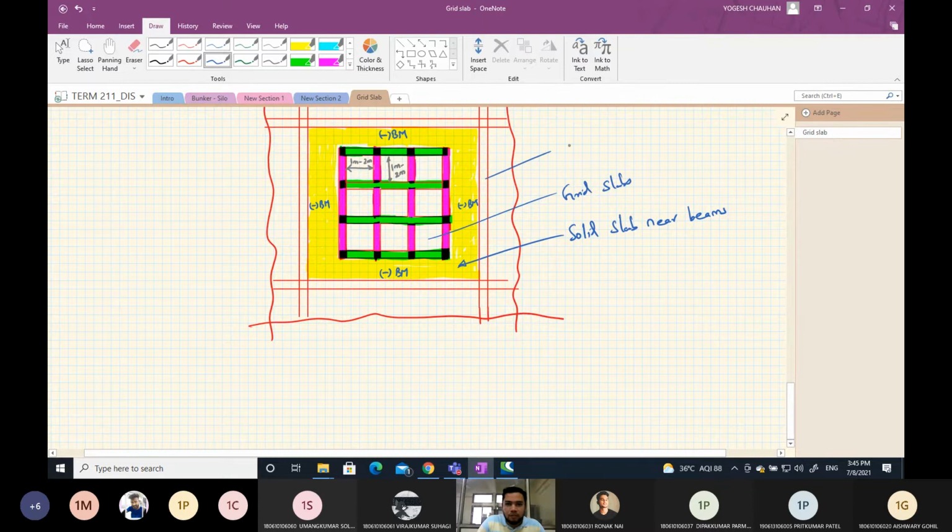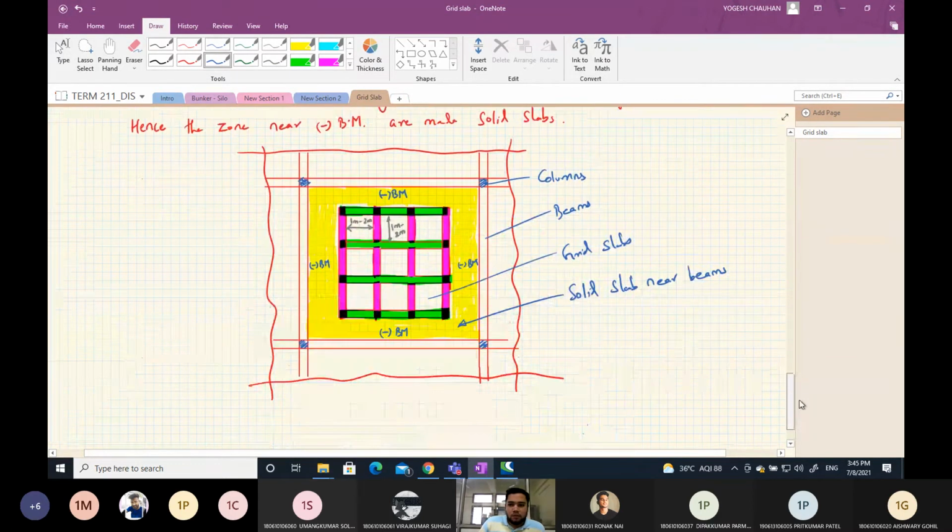These are the beams, and we have some columns here. These are columns.